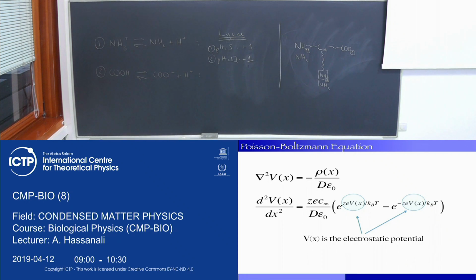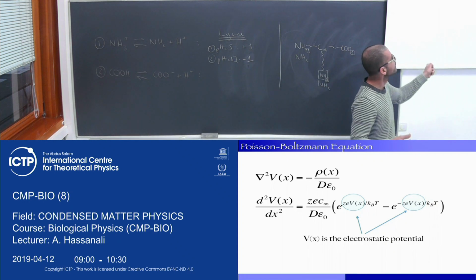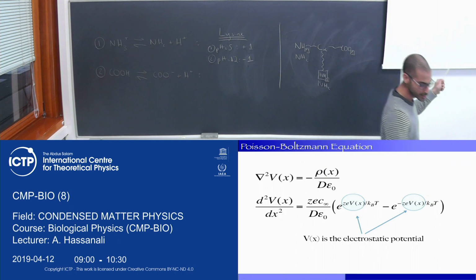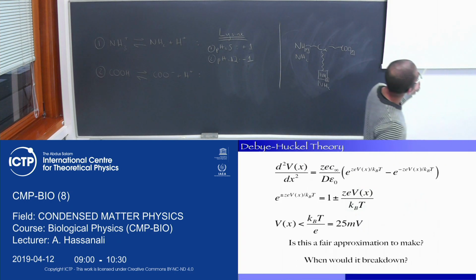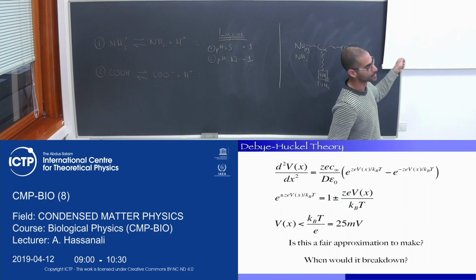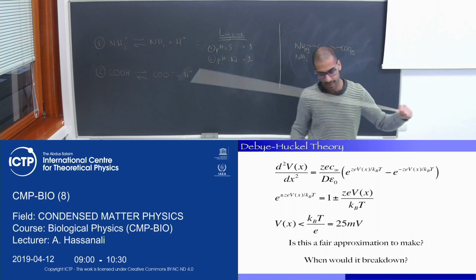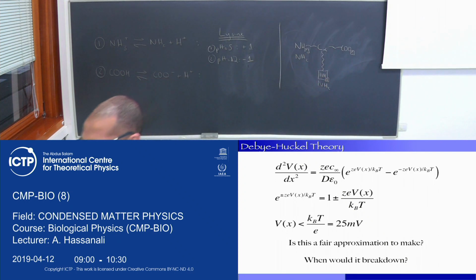If V is small, if the exponential is small, I can Taylor series expand it. And if I do that, I get this object here. This approximation is known as the Debye-Huckel approximation.